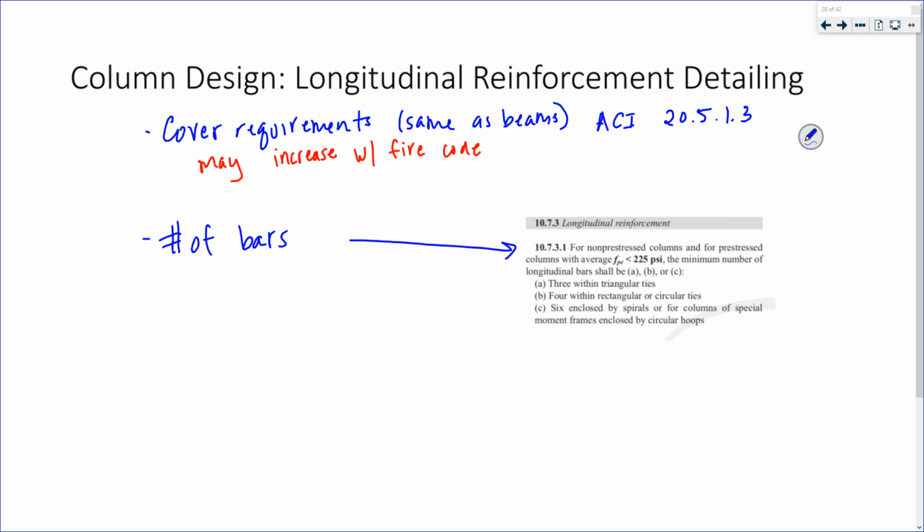Let's see. Minimum spacing is still the same as well. Is ACI 25.2.